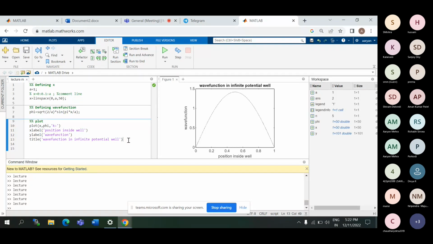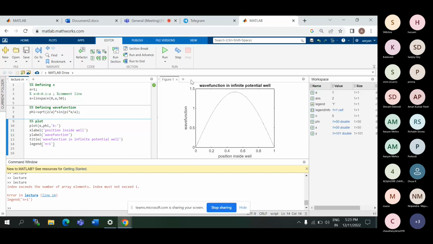Now one more thing is left, that is legend. A legend tells us what each line is showing. So we write legend, with n equals 1. And now we run. Okay, sorry, it's not working.